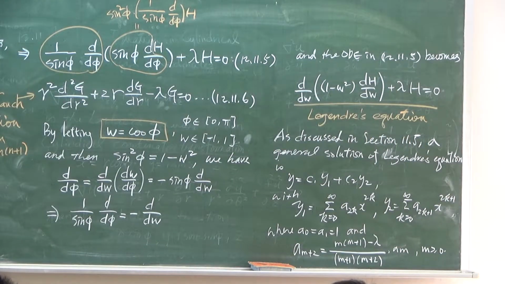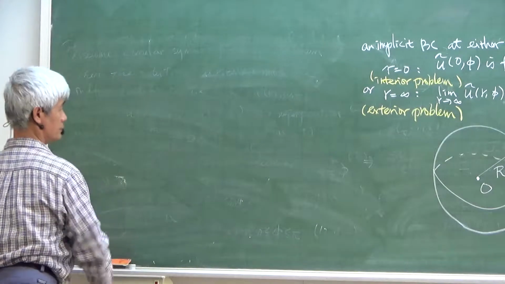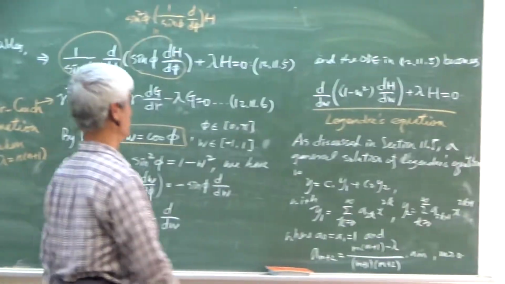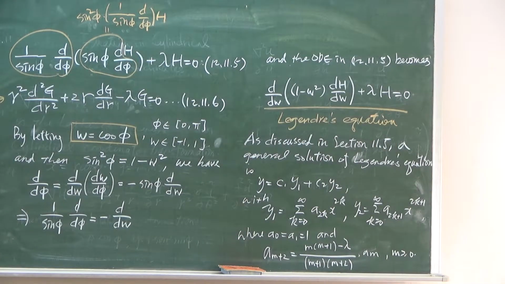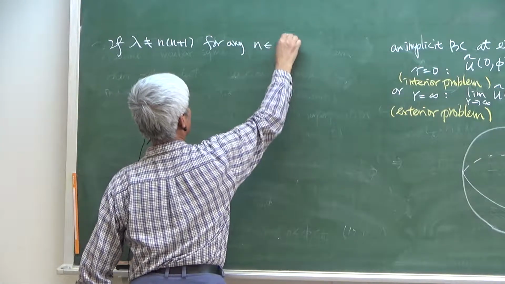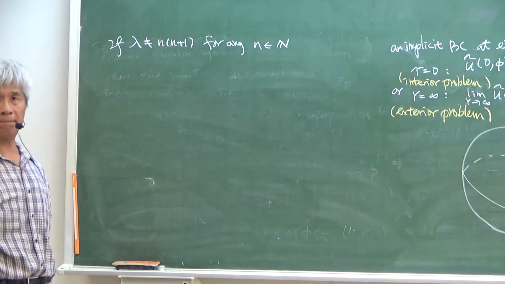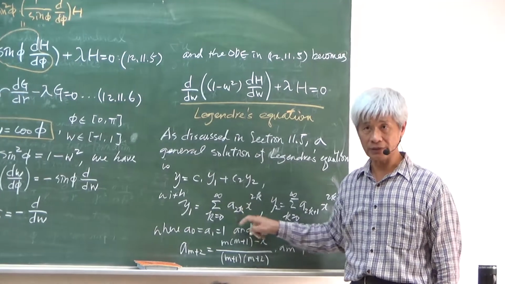And as we know, suppose lambda is not equal to n times n plus 1 for any n. If not, then the power series is an infinite power series, because the coefficient cannot be 0, never.